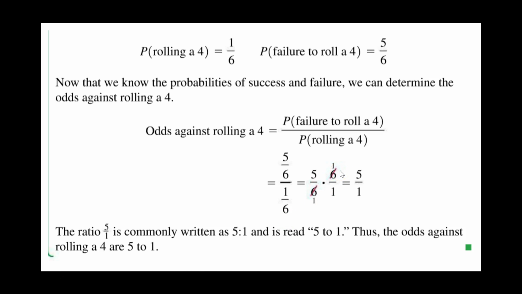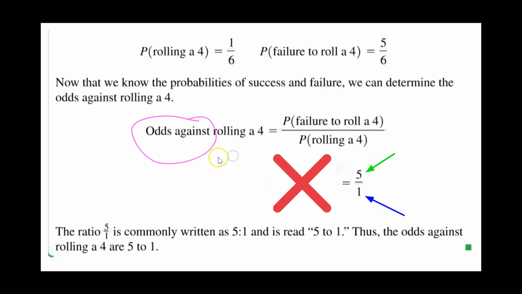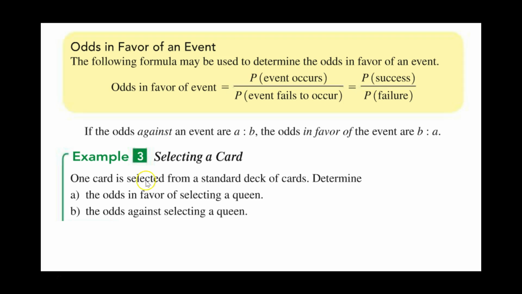So let's ignore the totals and just work with the success and the failure. Because we're talking about odds against, we're going to bypass this and just work with the two numbers on top. Because we're talking about odds against, that's why the failure goes on top and the success on the bottom.